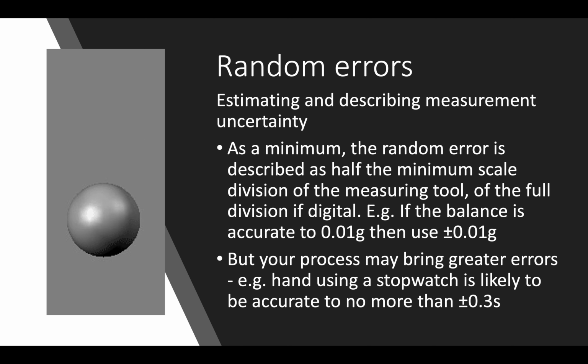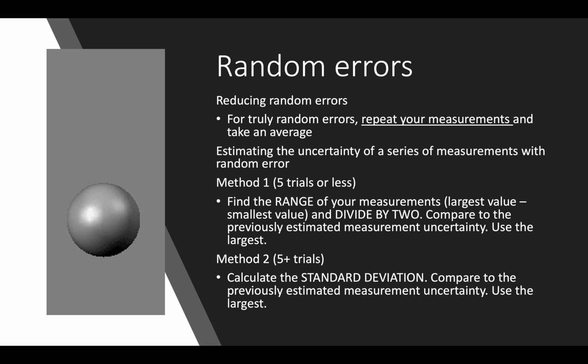If the measurement tool uncertainty is larger, if you worked out your timing is accurate to plus minus 0.2 seconds, and all of your results were within 100th of a second, then you might go, well, that might be just a lucky coincidence, and you go back to the larger one, which would be the plus minus 0.2 seconds from your process.